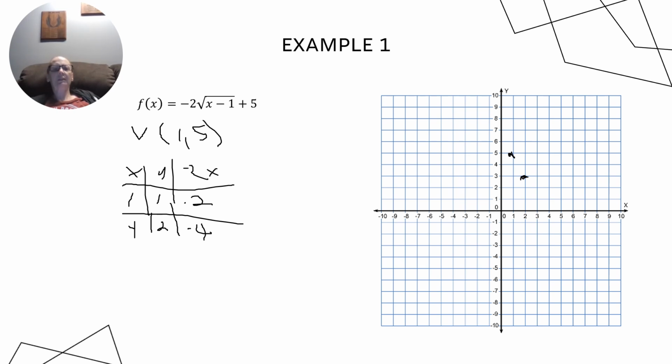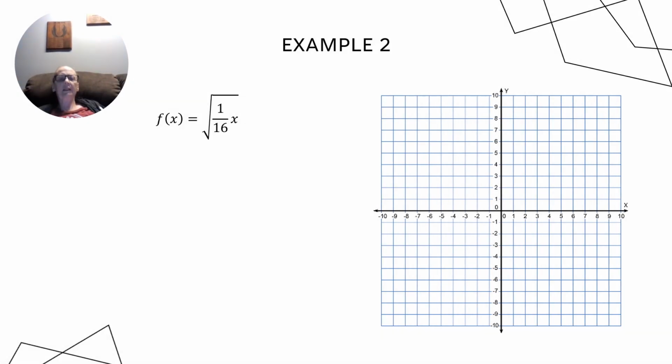And over 4, so 1, 2, 3, 4, we go down 4. Then we make a nice little curve, just going this direction. And that's it. That's the square root function with a negative a.